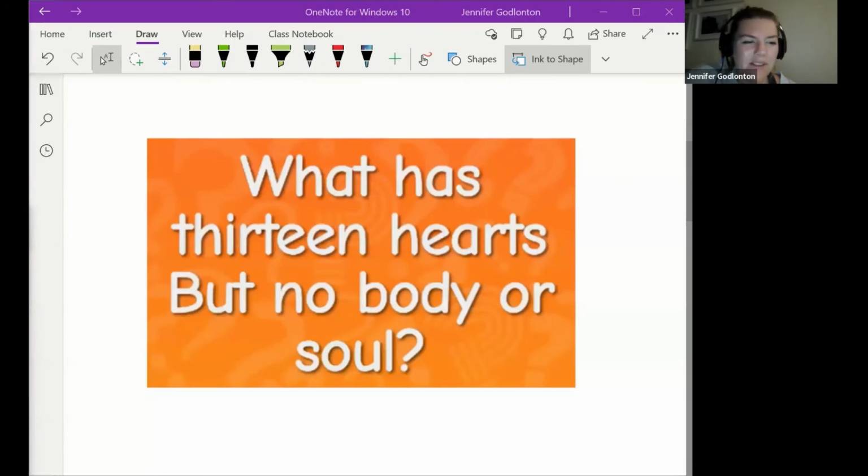Some of you are close by saying card, but it needs to be, there we go. WhatsApp group is actually not a bad answer if there were 13 people on the WhatsApp group, but the answer was a deck of cards. Because you have 13 people on a WhatsApp, they have no hearts, they would have to be very mean people, I suppose.